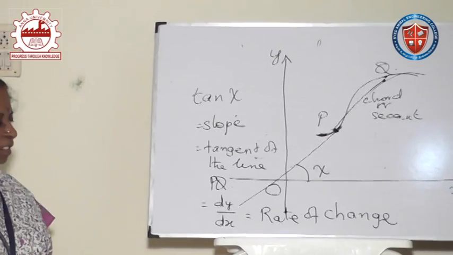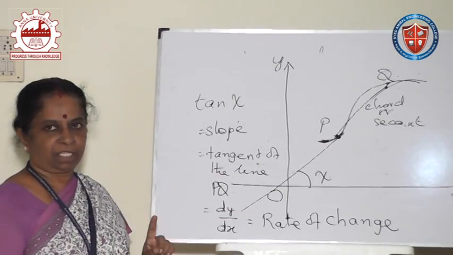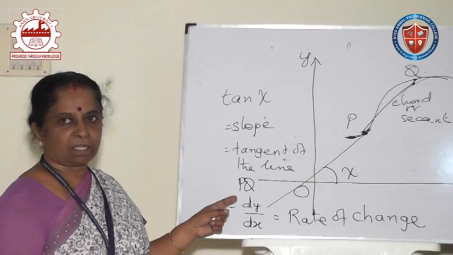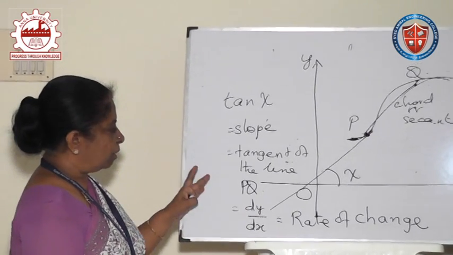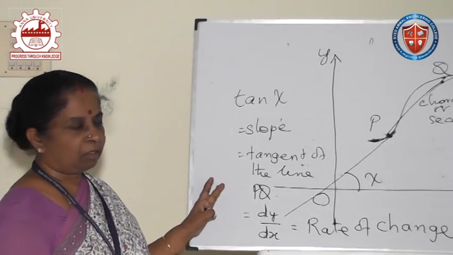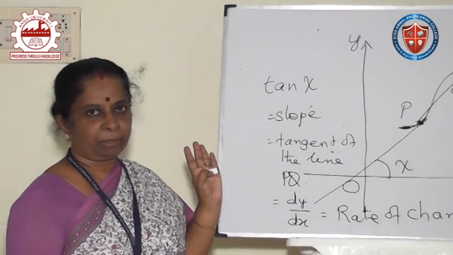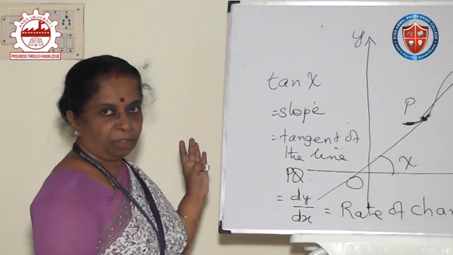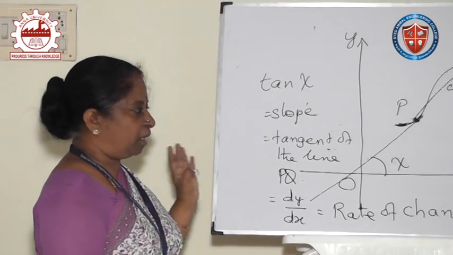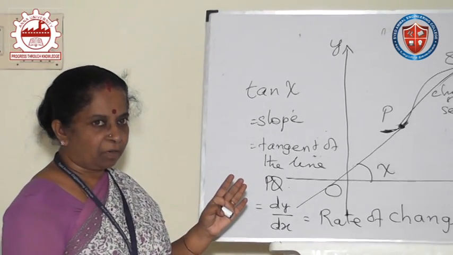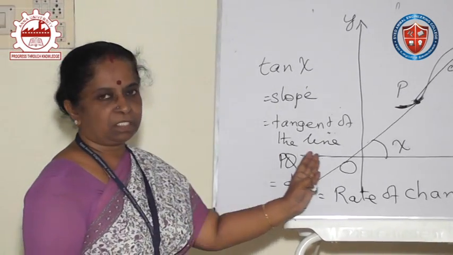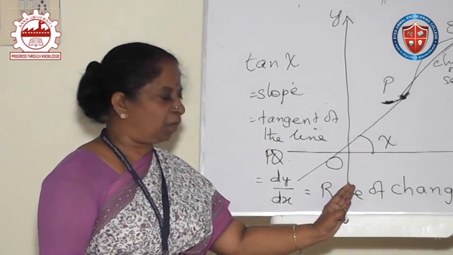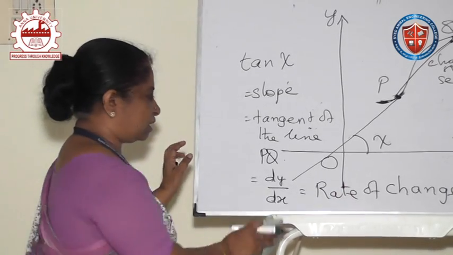Rate of change. Now this rate of change helps us in many different fields. Maybe in mathematics to find the maximum or minimum, in economics to find the maximum or minimum, to decide either to maximize or minimize. All these depend only on rate of change.